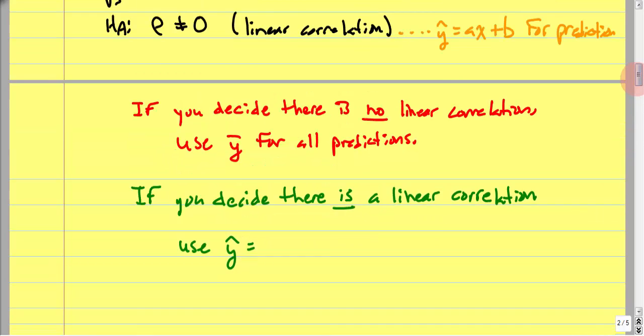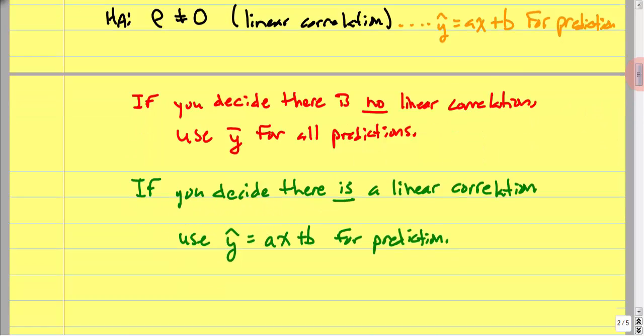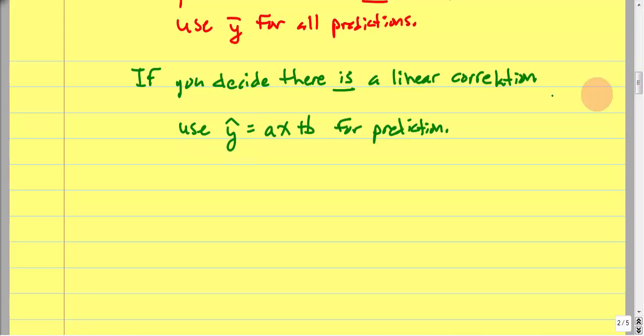I want to make sure I get these in the right order: ax plus b for prediction. So if we decide there is no linear correlation, I'm going to use y bar for any prediction I want to make, and I'm done. If I think there is some sort of linear correlation, then I'm going to use my linear regression equation. Okay, so that's where my step 2 would come in.